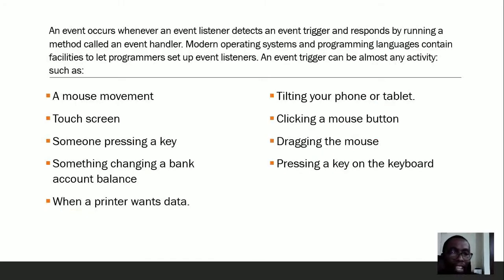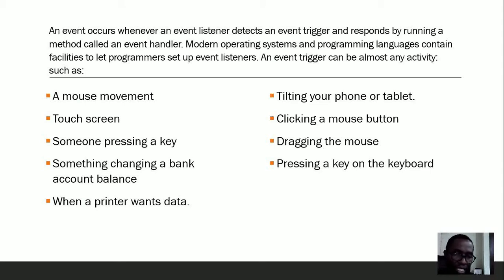Now, an event occurs whenever an event listener detects an event trigger and responds by running a method called an event handler. Modern operating systems and programming languages contain facilities to let programmers set up event listeners. An event trigger can almost be any activity.